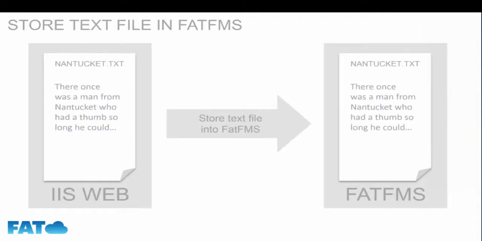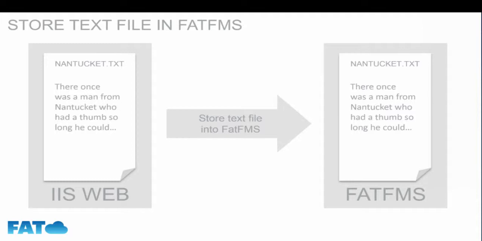so let's discuss a little bit about the steps in more detail. So the first phase is storing the text file into the FAT file management system. Because basically what we want to do is take the text file, upload it into the FAT FMS so it's available to all the other machines in the cluster.